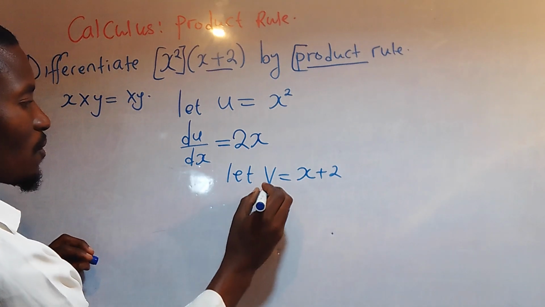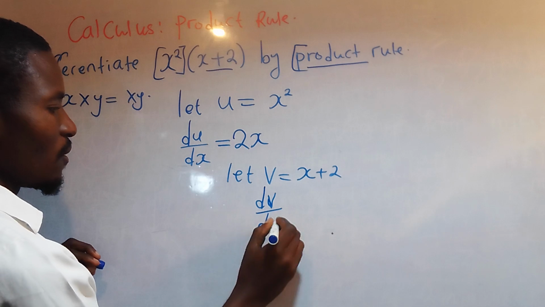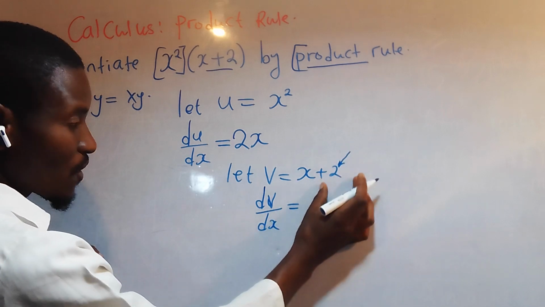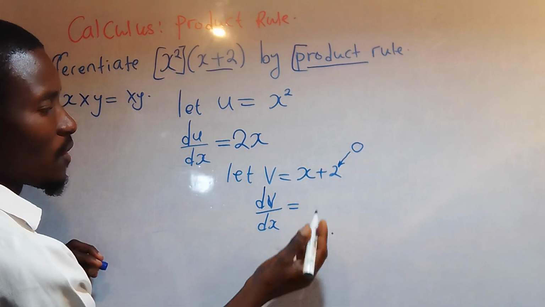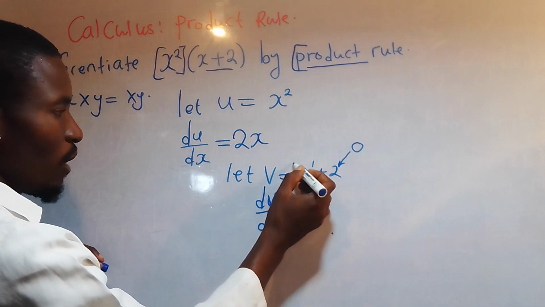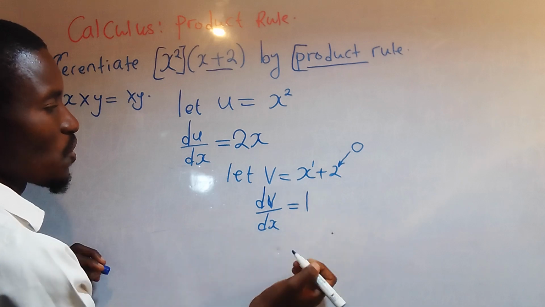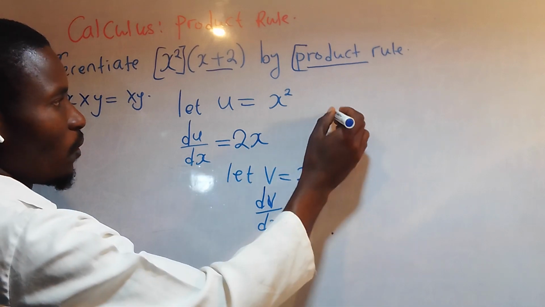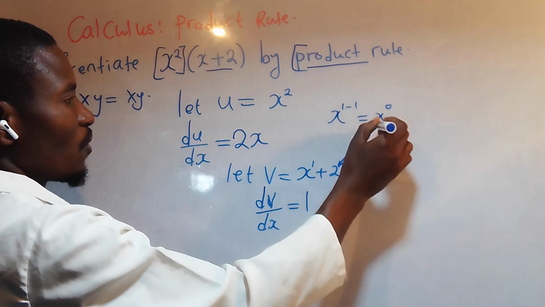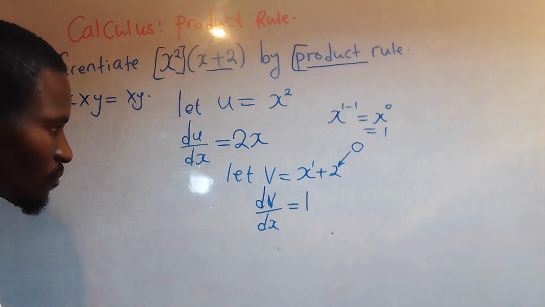So dv over dx equals what? The differential of the constant is just 0. Remember, there is a power 1 here, so this 1 multiplied by the 1 as a coefficient, you just get 1, and then the power reduces by 1. So we have just x to the power 0, and this is just 1.